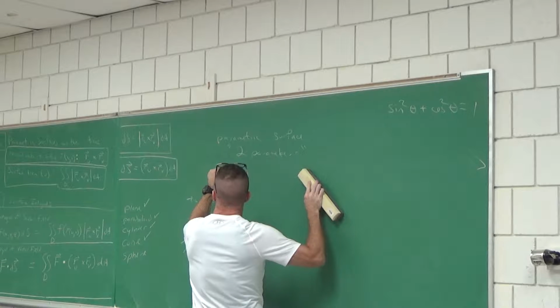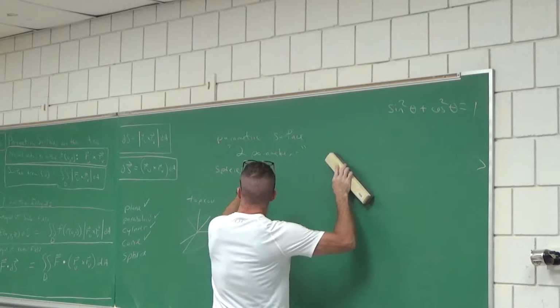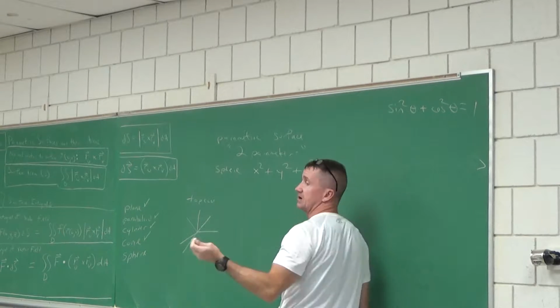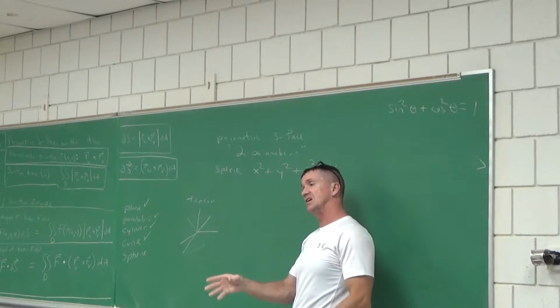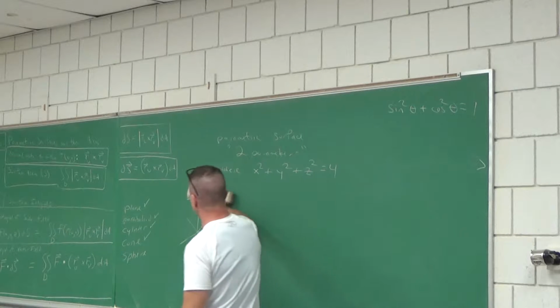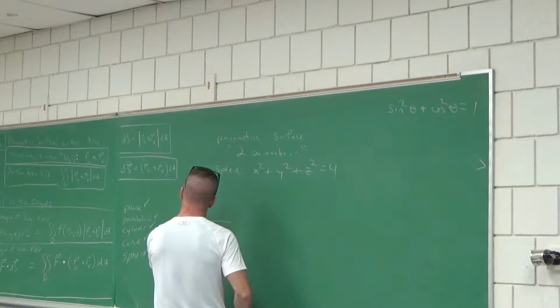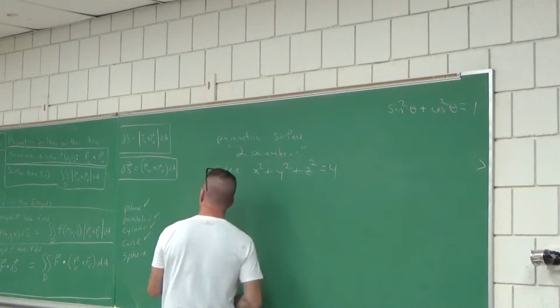A sphere with a radius of 2. There's the parametric centered at the origin. There's a sphere. I'll erase the cone picture. That's a sphere centered at the origin with a radius of 2.